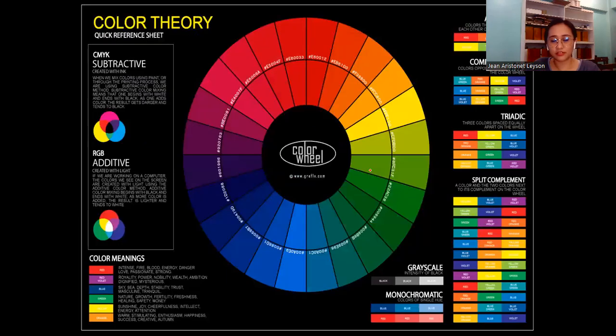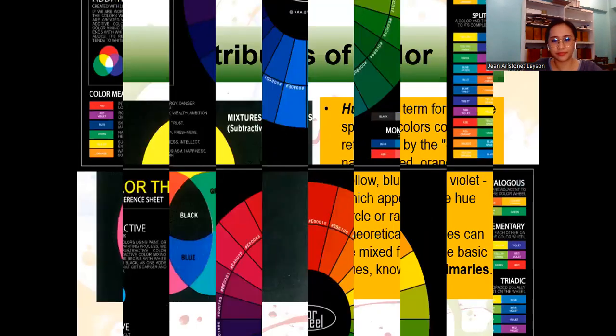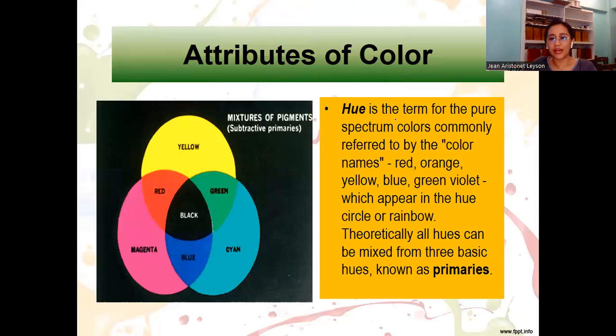So this is a diagram of a color wheel. Next, we have attributes or characteristics of color. First, we have what we call hue. Hue is the term for the pure spectrum colors commonly referred to by the color name. So red, orange, yellow, blue, green, violet, which appear in the hue circle or rainbow.